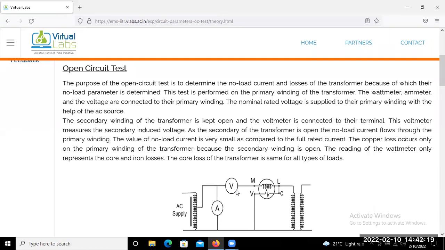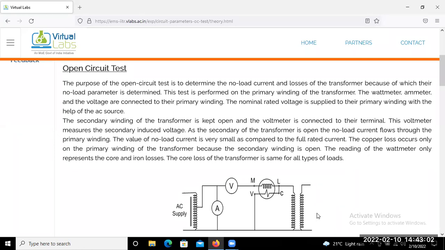Suppose 11 kilovolt at the HV side and 230 volt single phase at the LV side. If you consider three phase, the line voltage is 440 volt. So when we perform the short circuit test at the rated current, we require only 2 to 12% of the rated voltage of the HV side to flow the rated current.